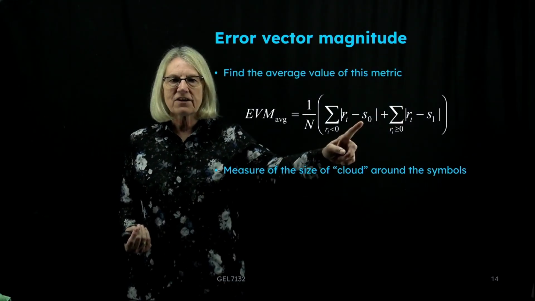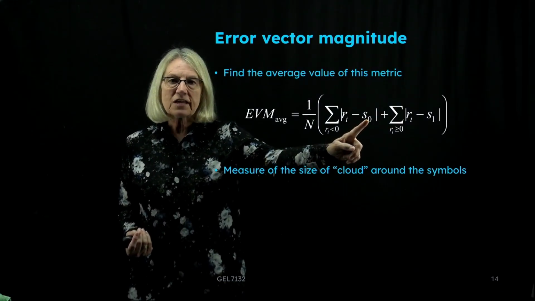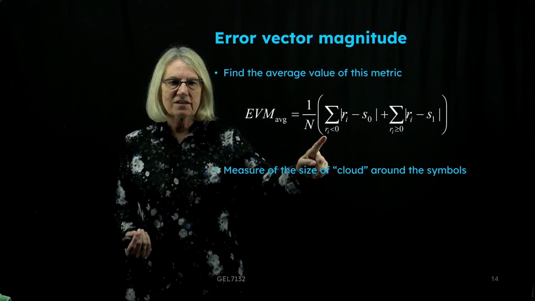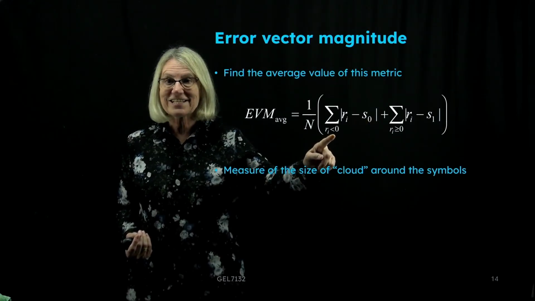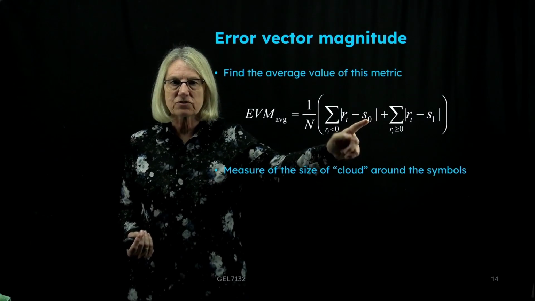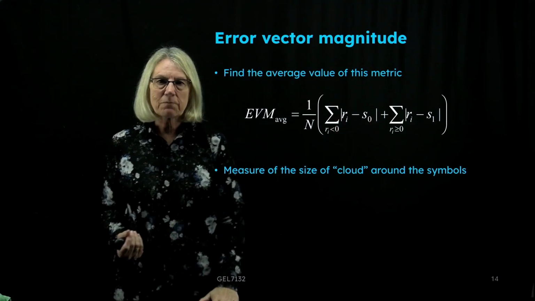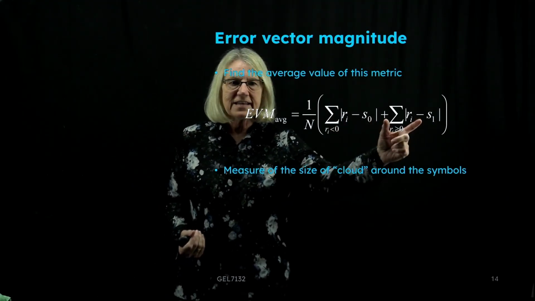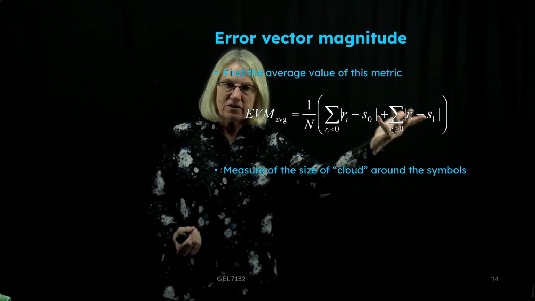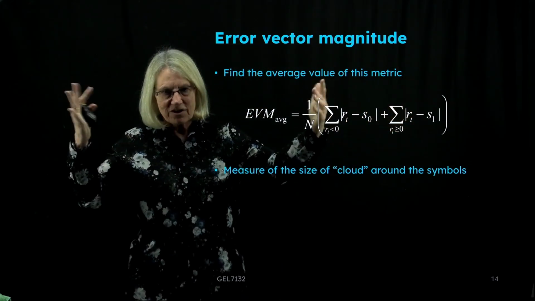In this case, there are some that are associated with the logical 0 because the received signal was less than 0. I assumed it was a logical 0 transmitted, and then what was the distance to that symbol for 0. And now I also do that for the other type of error, the other possible type of error.